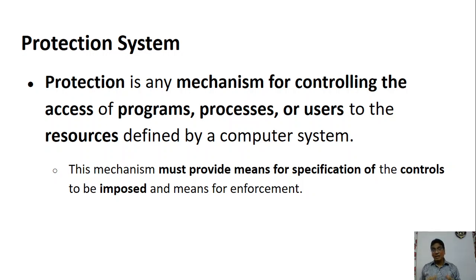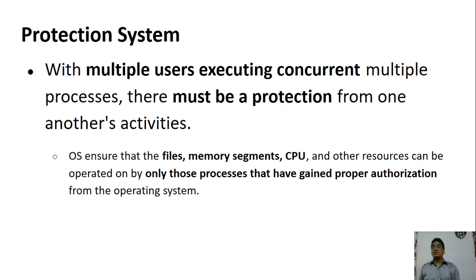It is a way in which you impose certain restrictions on programs, processes or users, so that they are allowed to access some resources, not allowed to access others, or allowed to access resources only in a specified format. Some kind of control or restriction is imposed, and this is taken care of by the protection system.